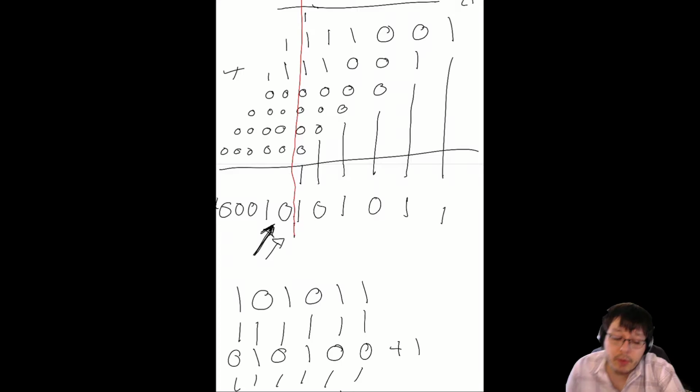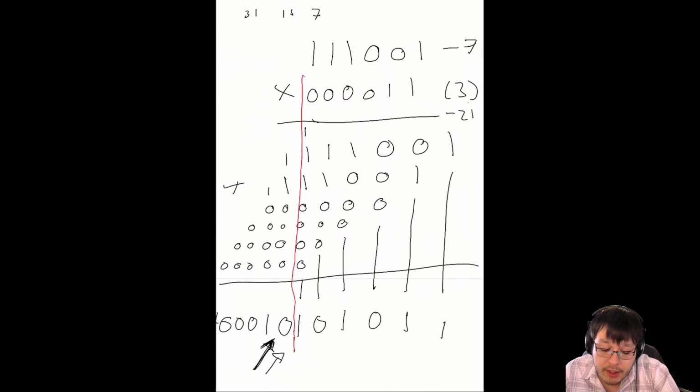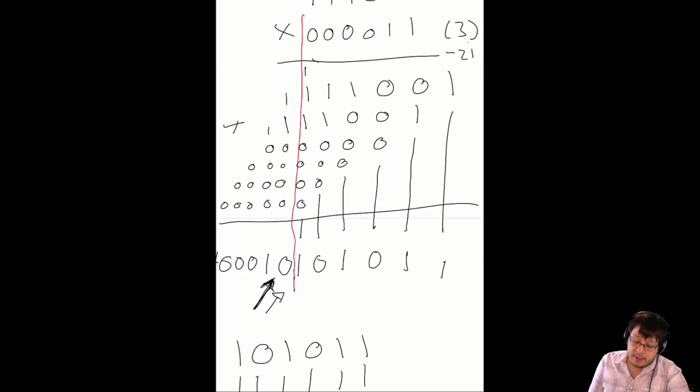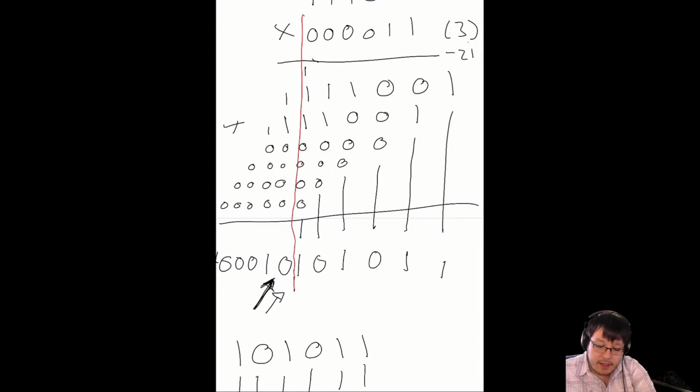So even though we're doing the subtraction there, we want to keep the result in 6 bits, then yes, the cutoff seems to be working fine. But I think the problem with this method, or the simple method, arises when we have the output being able to store more bits than the input, because then this 0 here would give us problems.